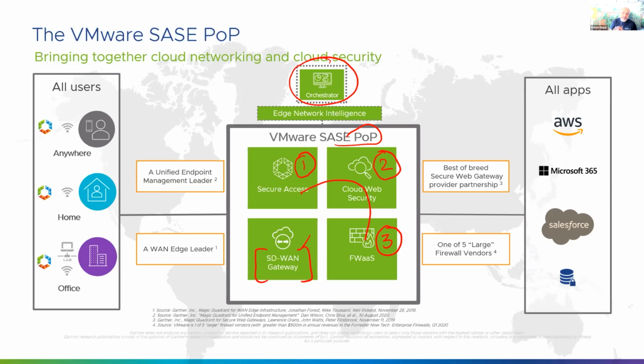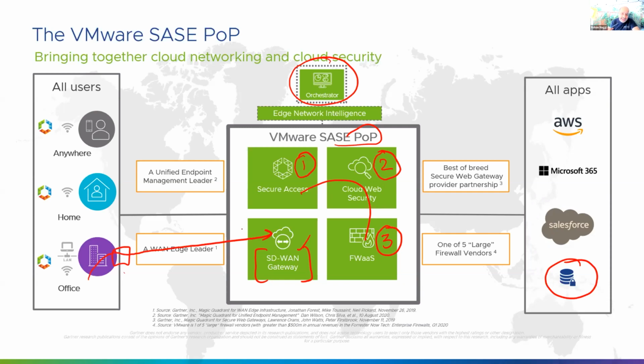Just to give you an example, an end user sitting in your branch office wants to access on-prem data center applications. How are they going to leverage the SASE POP? With the SD-WAN edge device at their branch office, they will connect to the nearest SASE POP.